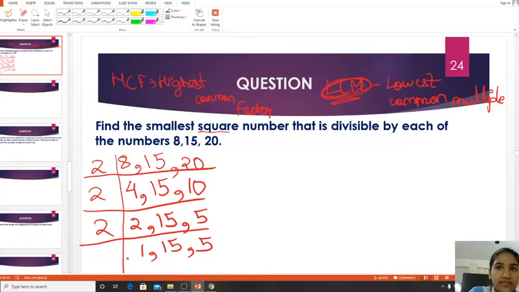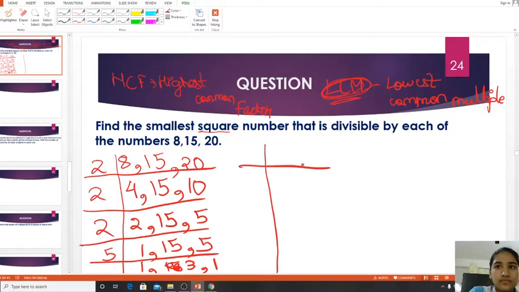And 5. Next, you can proceed with 5, I hope. 5 1s are 5, 15. 5 3s are 15. And 5 1s are 5. Next, 3. 3 1s are 3.